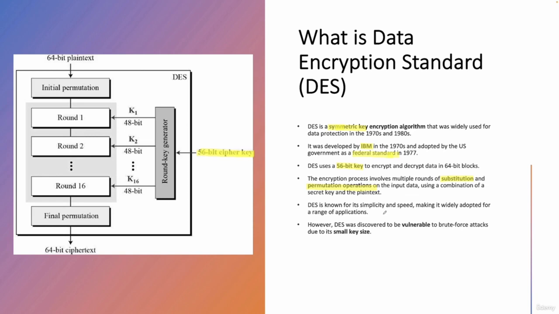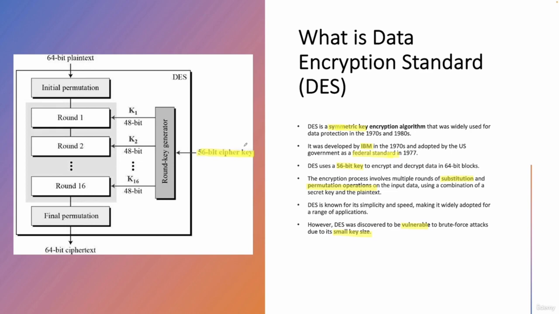But DES brought its own challenges. There were numerous occasions when DES encryption was broken, and it was discovered to be really vulnerable to brute force attacks. The problem was related to its small key size. The scientists and mathematicians realized that a 56-bit key size was not good enough to achieve strong encryption.